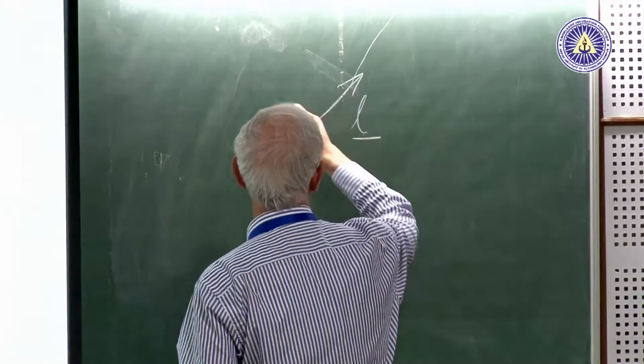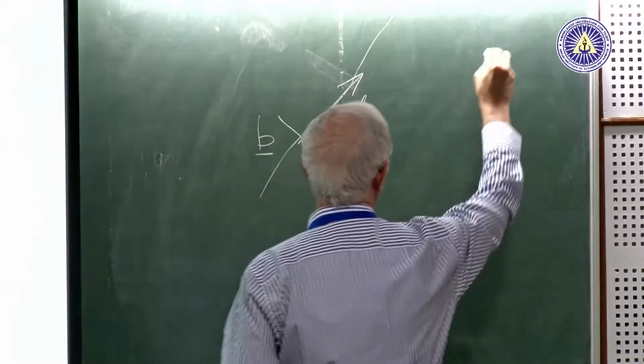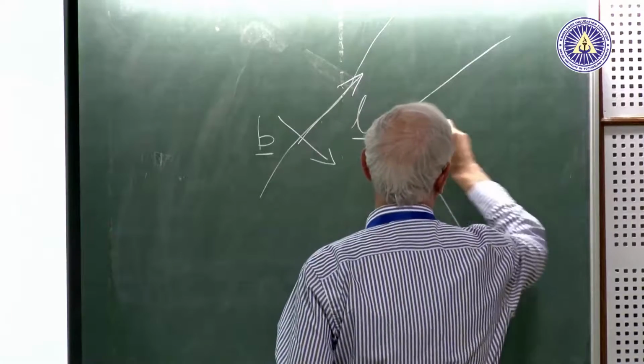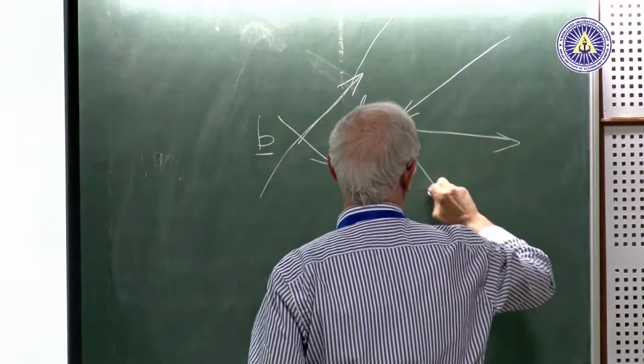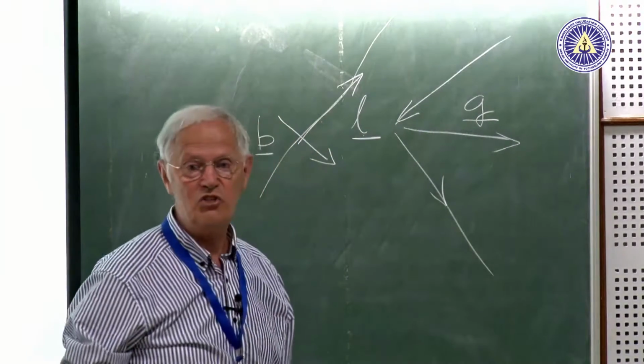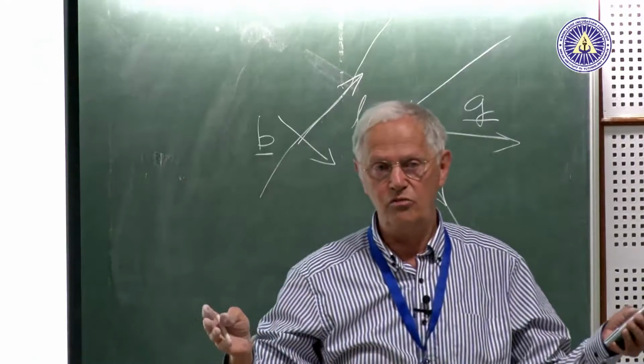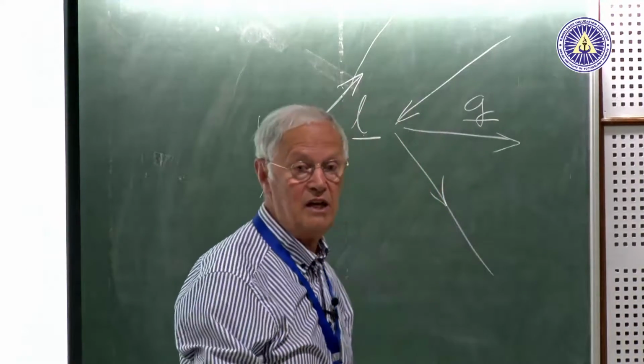If it is an edge dislocation, it has a Burgers vector, and the diffraction experiment has a diffraction vector. And these three vectors can have any relation to each other.